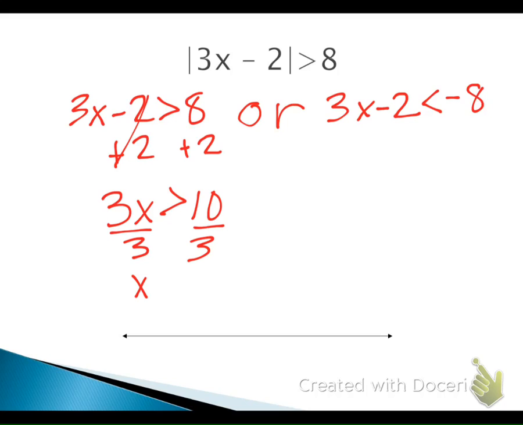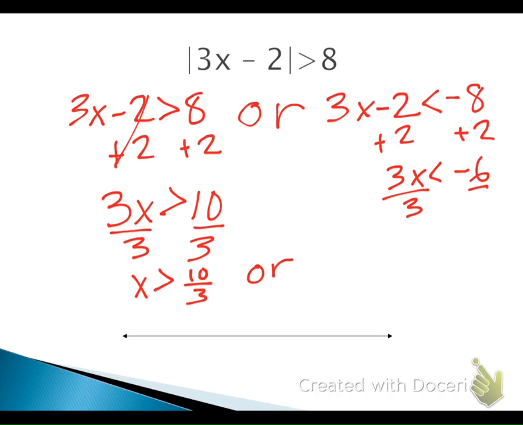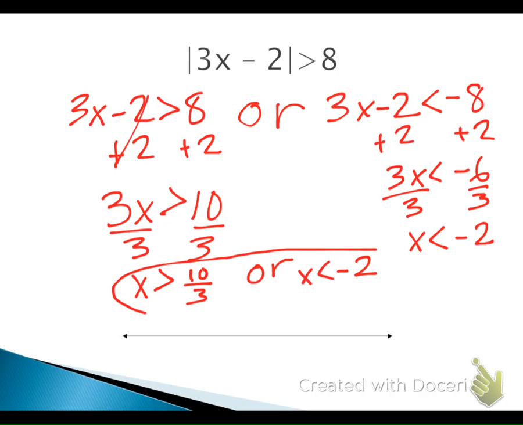I'm coming up with x is greater than 10 over 3, or x is less than negative 2. So this is my solution. Again, if you want to take the time and write it with the smaller one in the front, that's fine. I am not too particular on the "or"s.